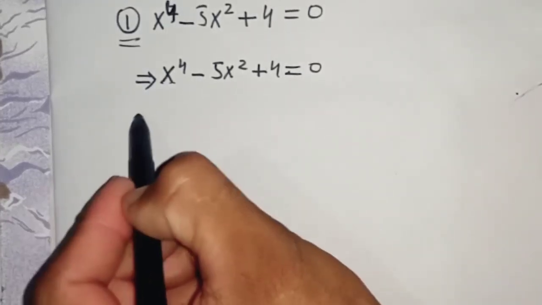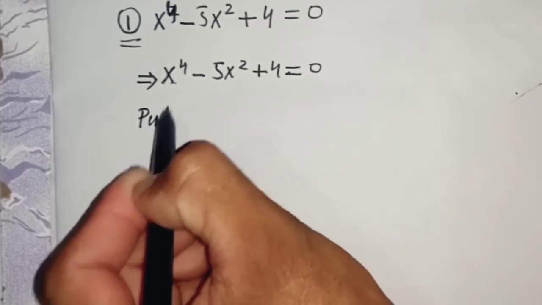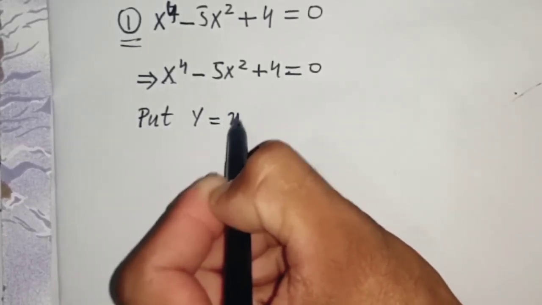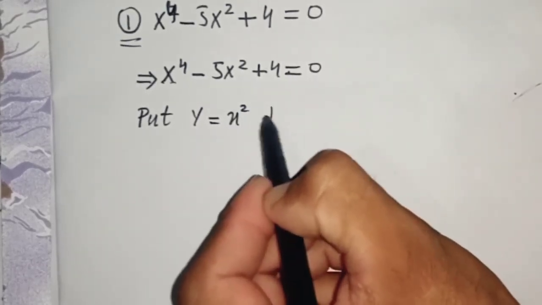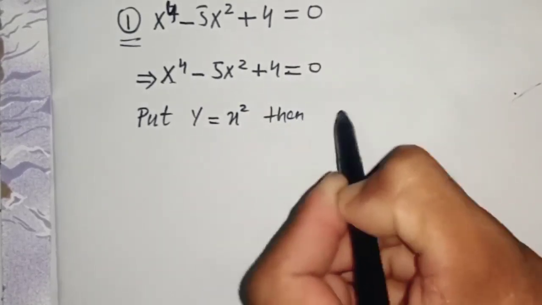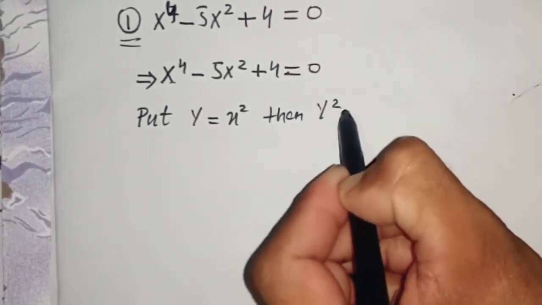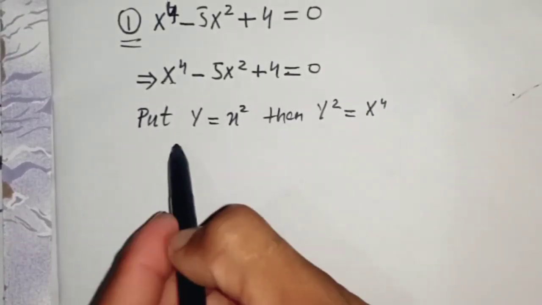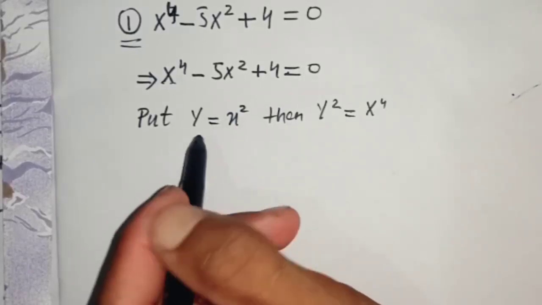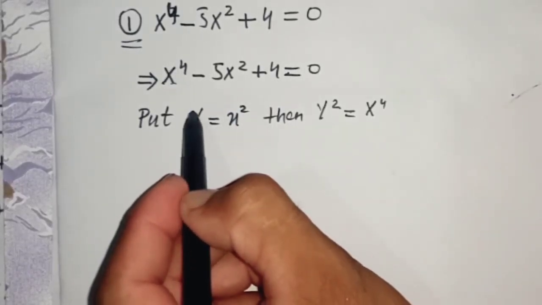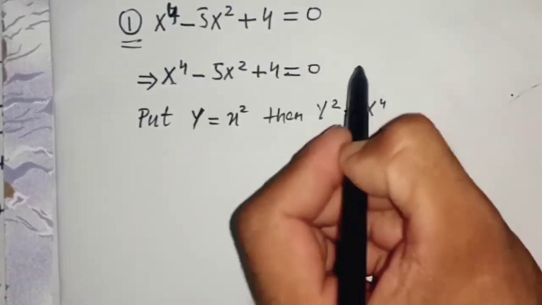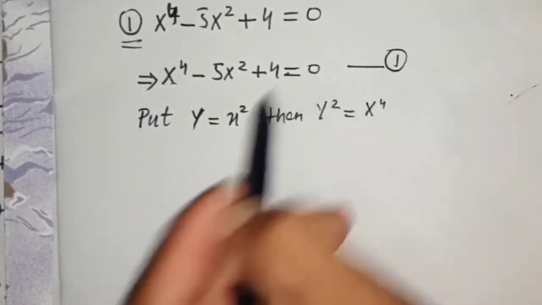So put y = x^2, then y^2 will become x^4. So we will substitute the value of x^4 and x^2 here in equation 1.